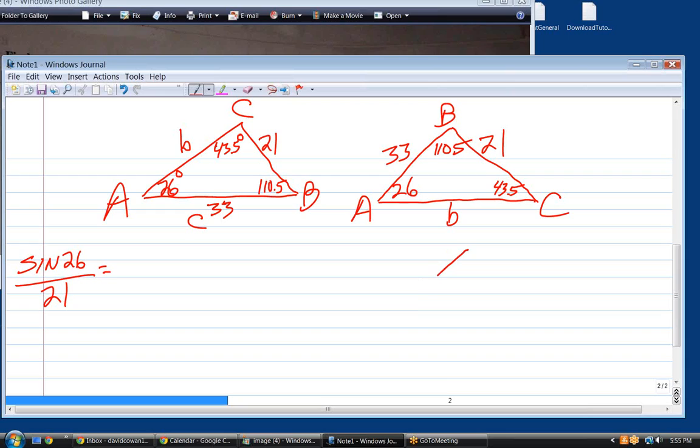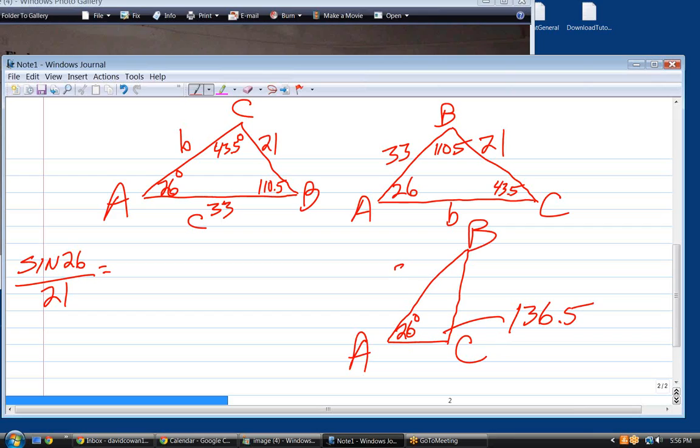In the second triangle, we still have the 26-degree angle here. Only difference is this angle is now 136.5. This is still C. And this is still 33 here, and this is still 21. So the new angle B for our second triangle is what?